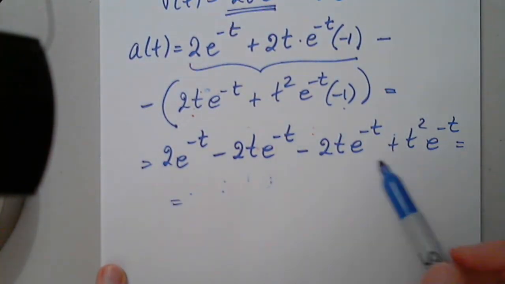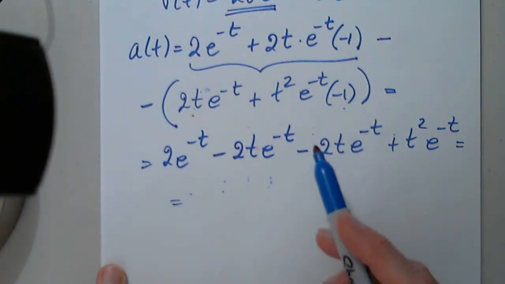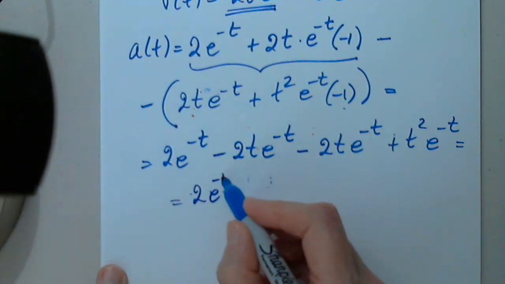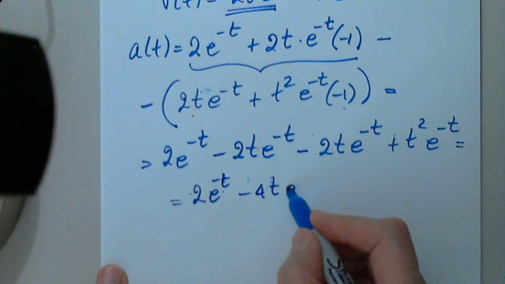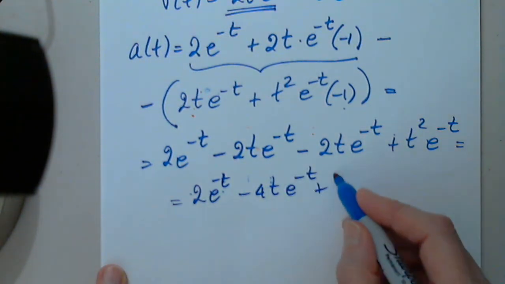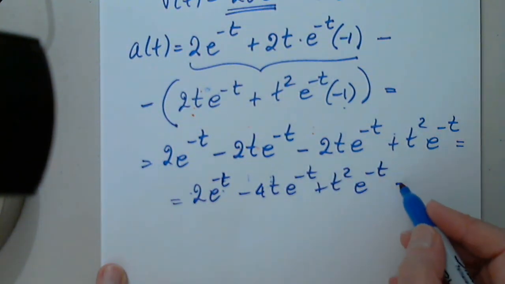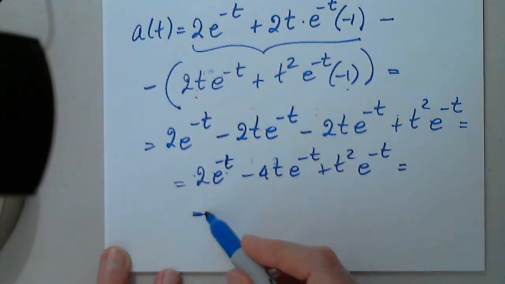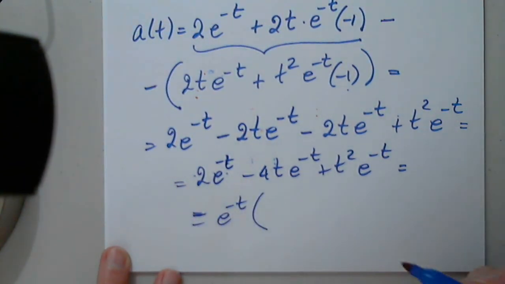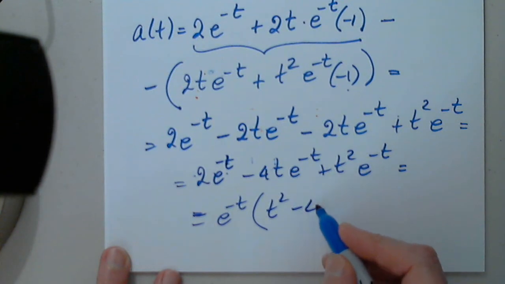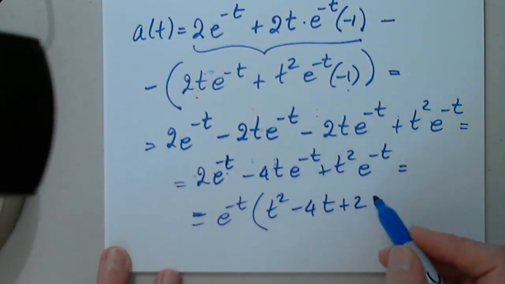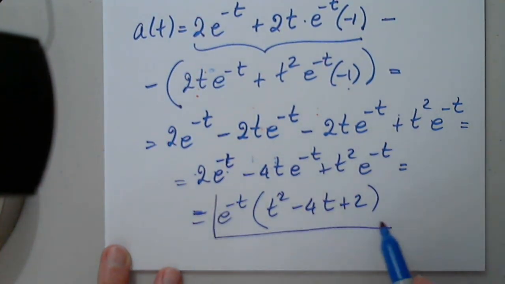Okay, so these are like terms. So 2e to negative t minus 4t e to negative t plus t squared e to negative t. And I will factor out e to negative t. T squared minus 4t plus 2. This is not factorable, so this is it.